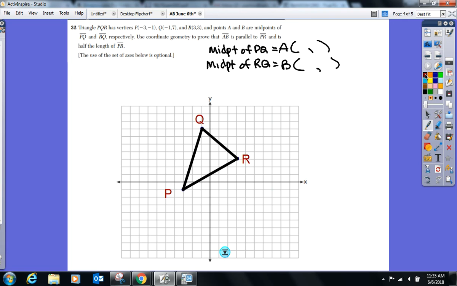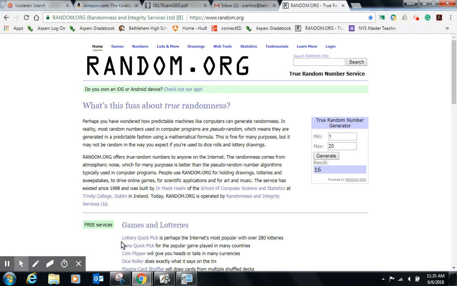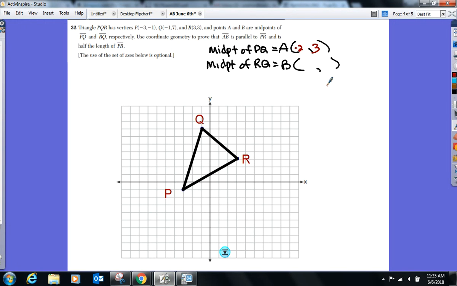I got for point A, -2, 3. Nice job. All right, somebody have point B now for us. Point B. Got point B? Okay. Everyone all good? Those are my points.